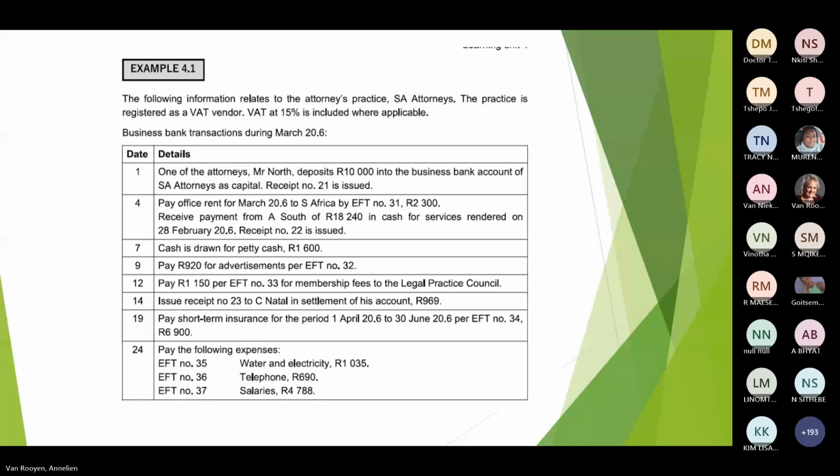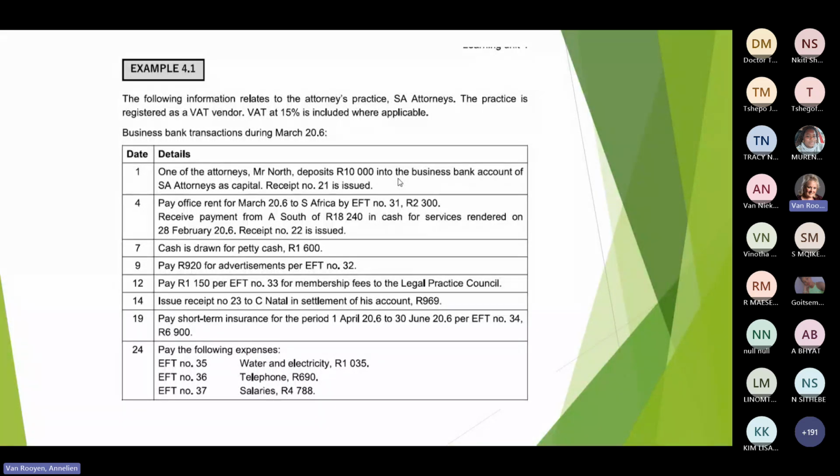It's coming in. If we look at the T account, coming in, what side will it be on? If we look at the business bank account. Debit side. Debit on the left-hand side. Good.